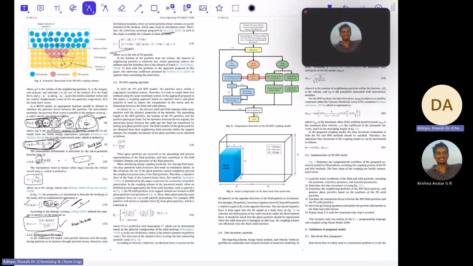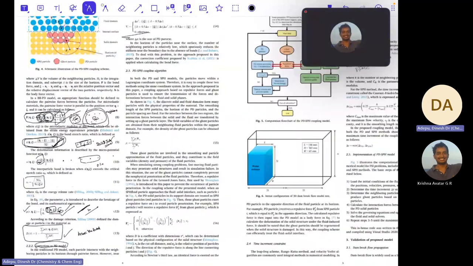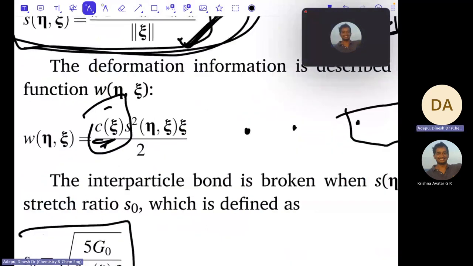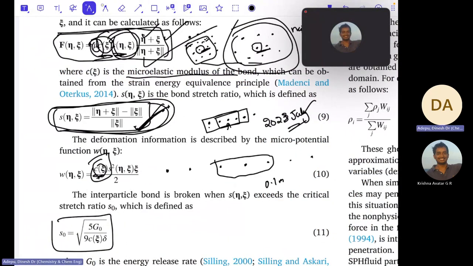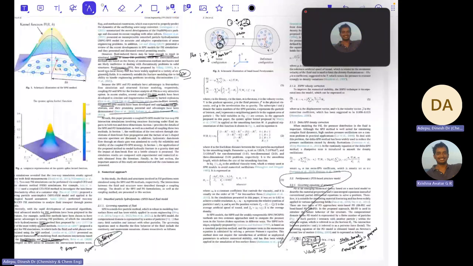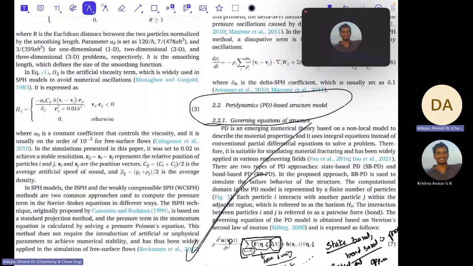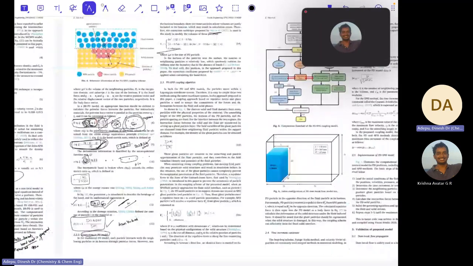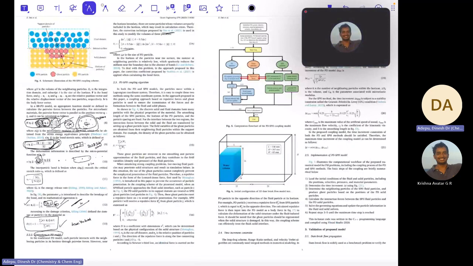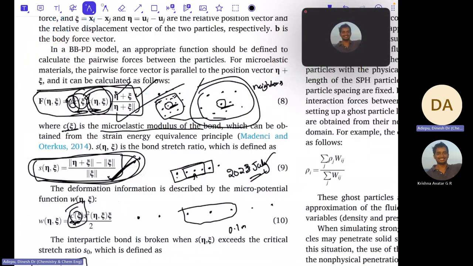To start with aerodynamics, you also have a look and see if you can find anything. Say about C: this guy didn't give any values of C, which is very surprising. I've seen the full paper but couldn't find it, and even the live reviewers didn't say anything. He wrote C is the microelastic modulus, which can be obtained from the strain energy equivalence principle.